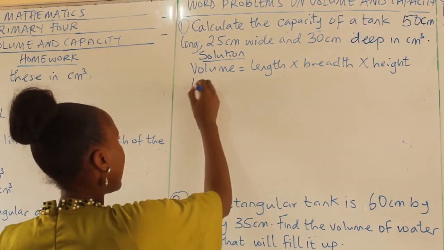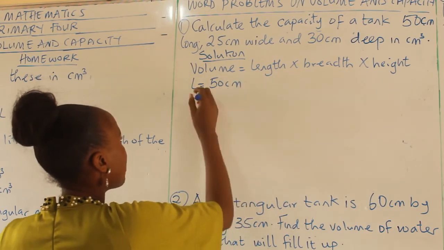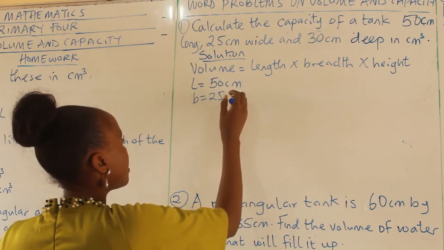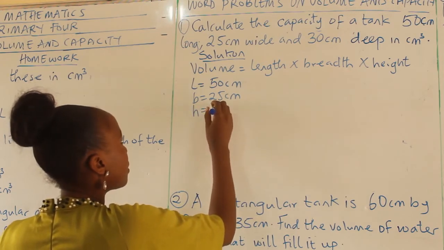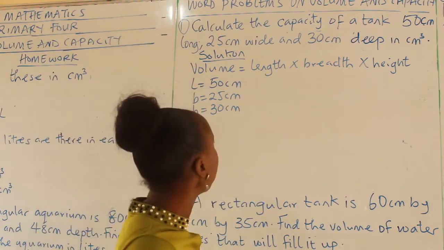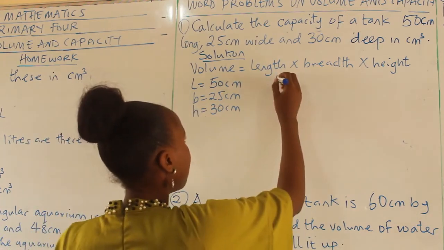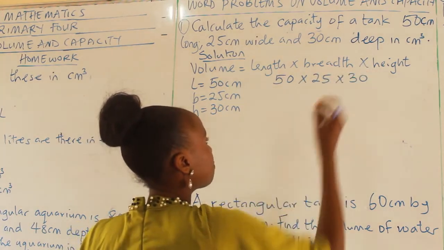So we write them out. L is 50 cm, breadth 25 cm, and height 30 cm. So we multiply the three dimensions together. So we have 50 times 25 times 30.